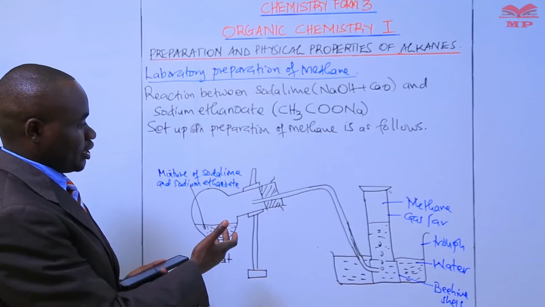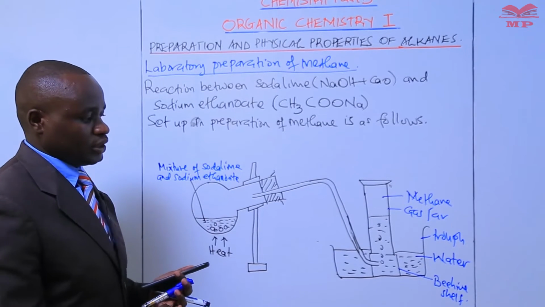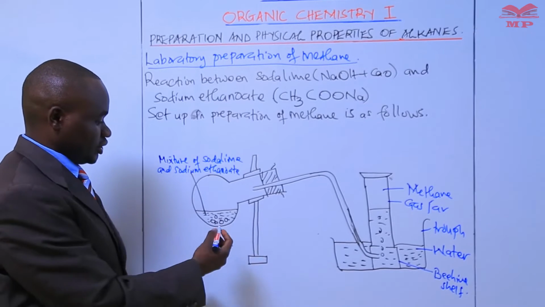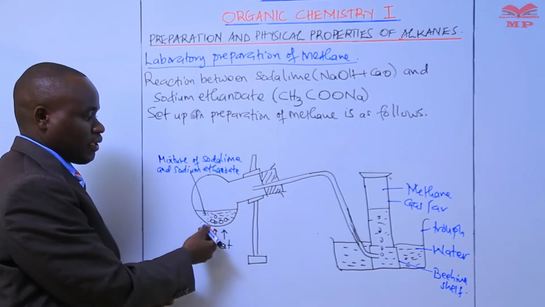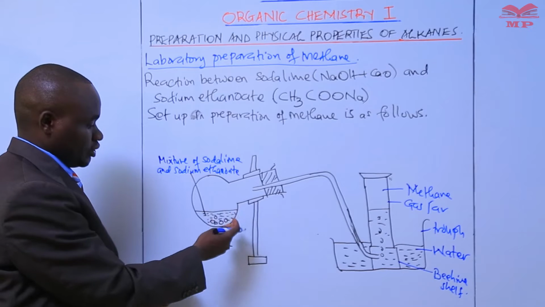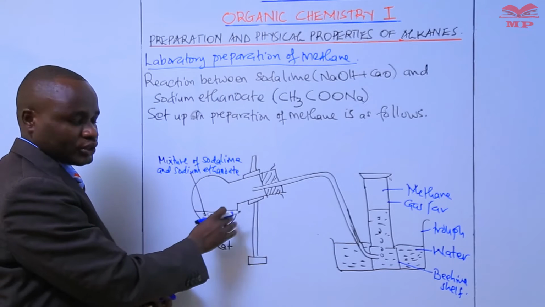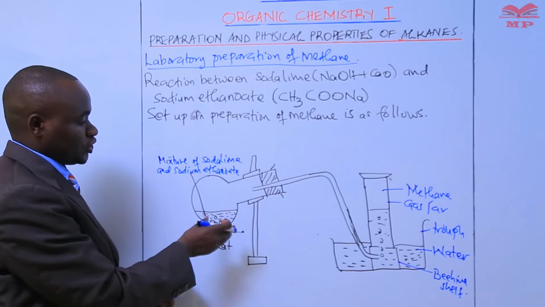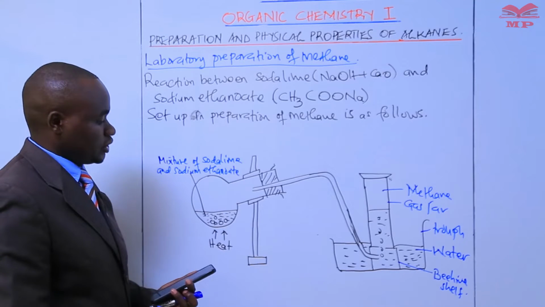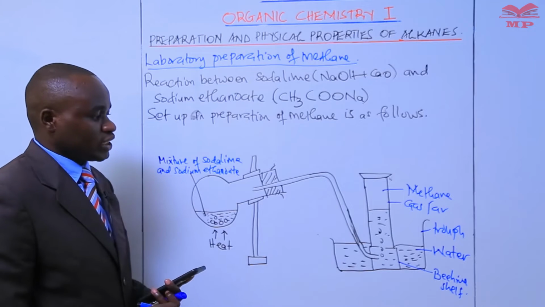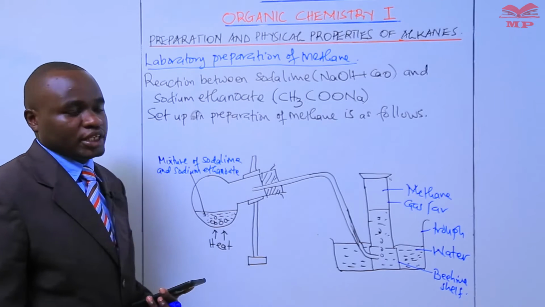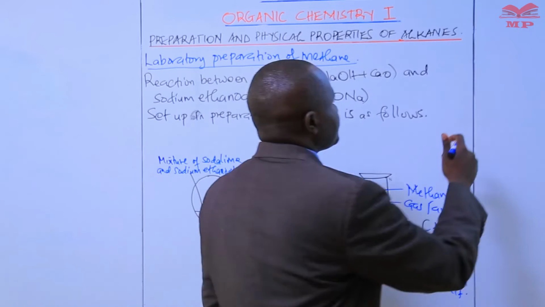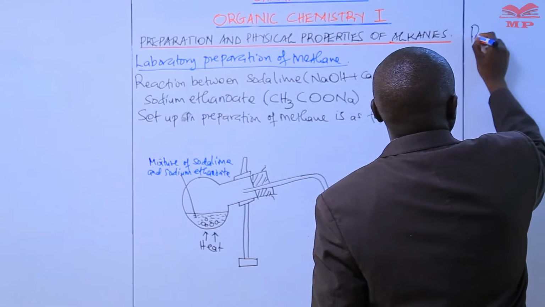So it's good we draw the diagram for exam purposes. You can see on the left part, we have our round bottom flask. Of course, we use a round bottom flask because there is equal distribution of heat. So the reaction takes place in the round bottom flask where methane gas is evolved. So the reaction in the flask is as follows.